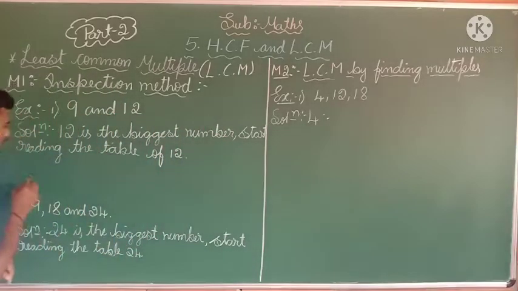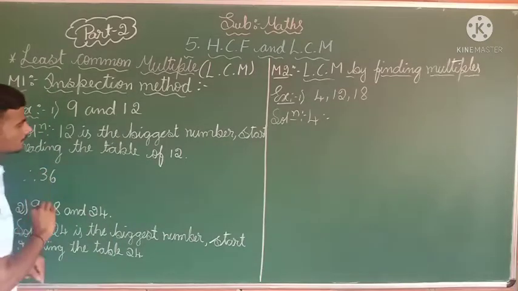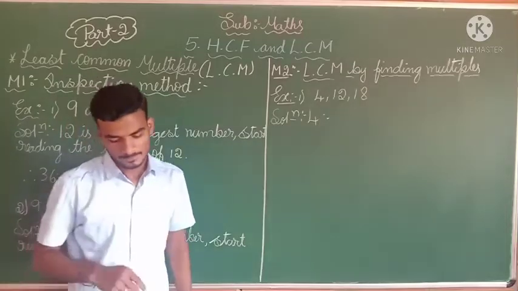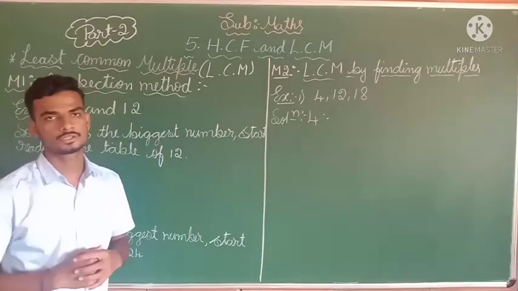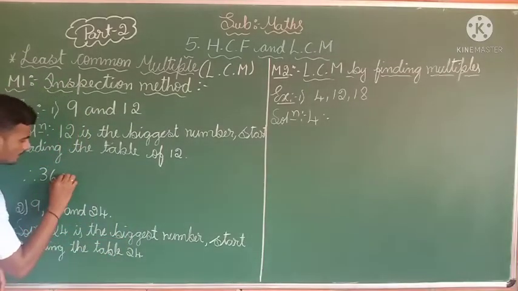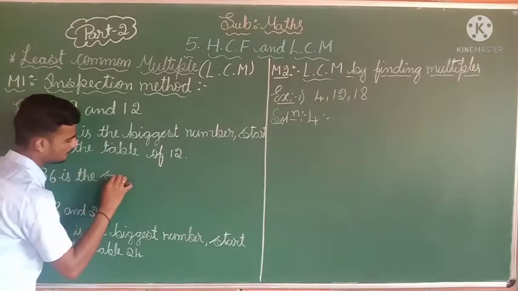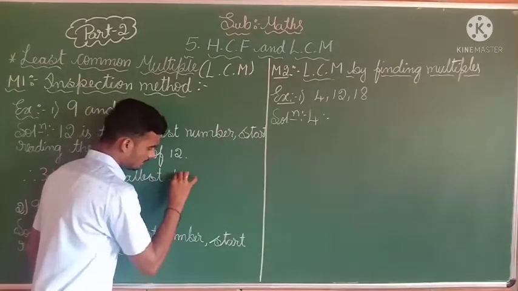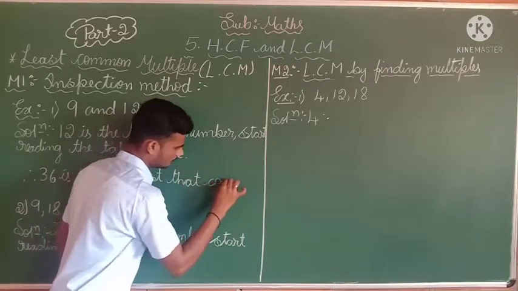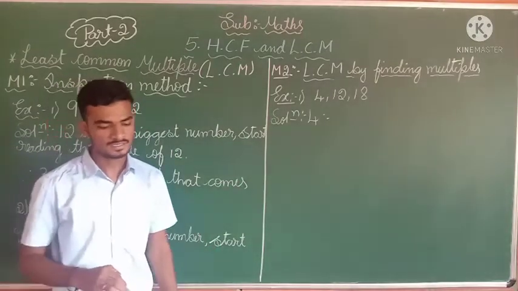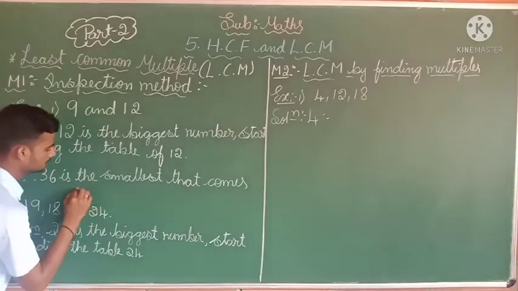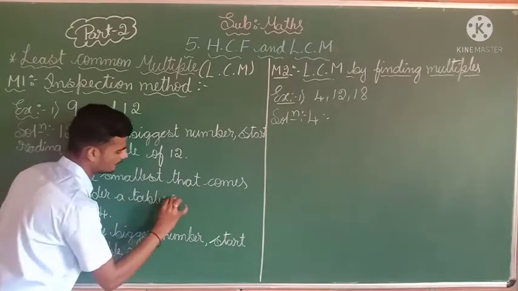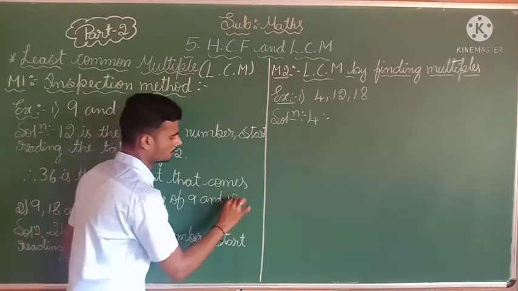So now what do we have to write? Therefore, 36 is the smallest multiple that comes under the tables of 9 and 12.